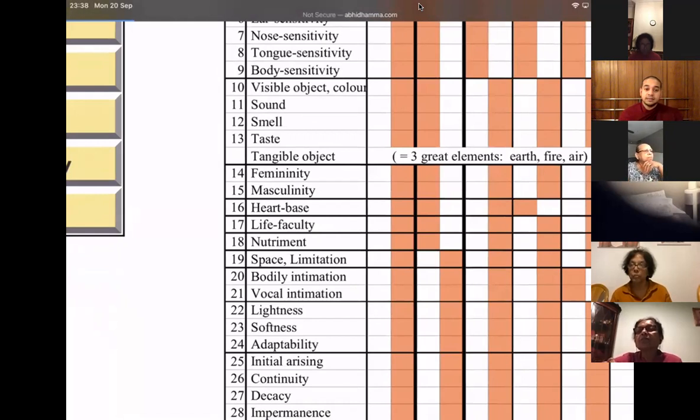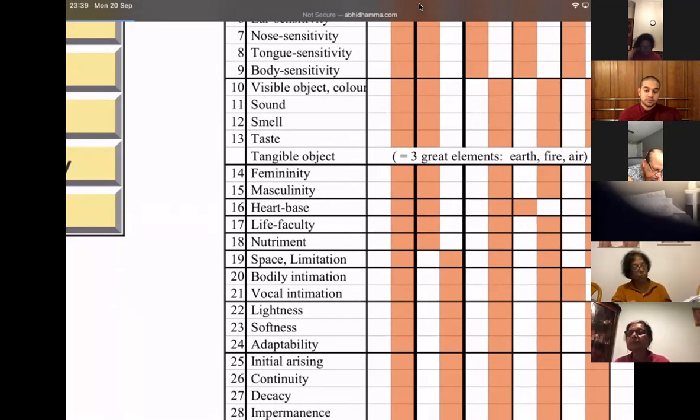Bhante, where in the book do you get this? Yes, it's on page 262. But the terminology is a bit different, isn't it? A little bit, because unlike in this chart, it's given in short. I think our book is a different version, because it doesn't exactly match what is in my book.